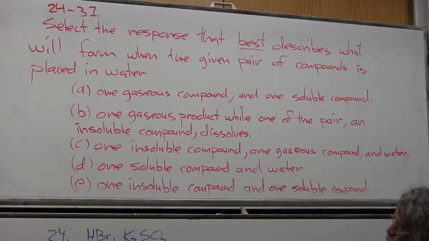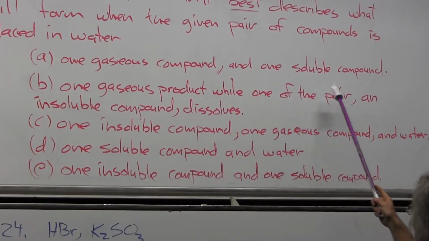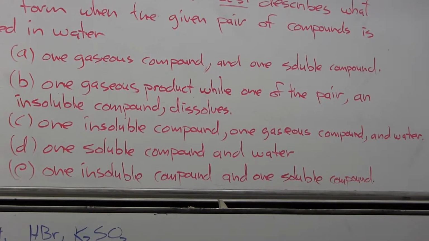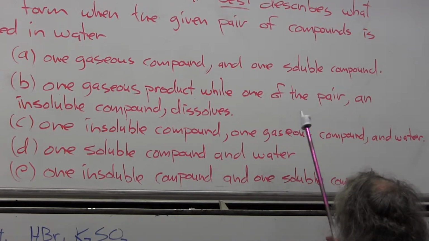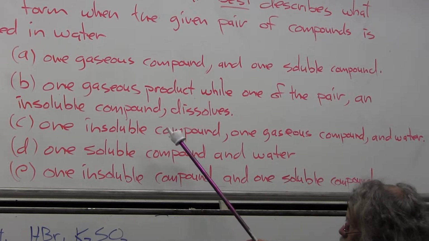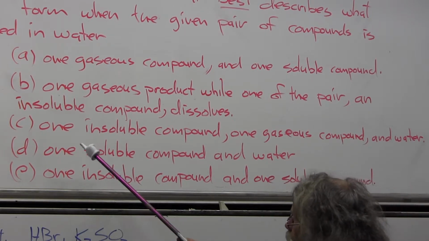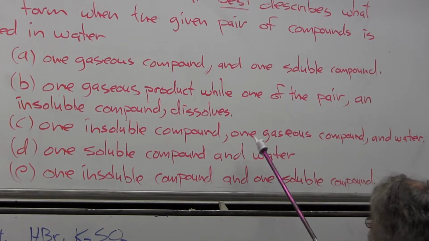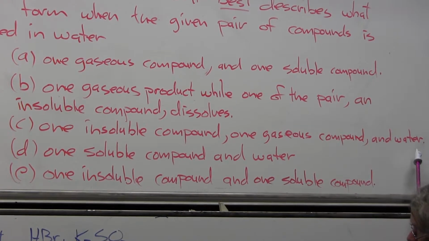And the options you have are A, one gaseous compound and one soluble compound. Option B is one gaseous product, while one of the pair, an insoluble compound, dissolves. Option C is one insoluble compound, one gaseous compound, and water.